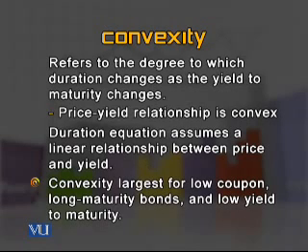That is what convexity is. Convexity refers to duration changing as the yield to maturity changes. Yield to maturity was studied first, is the return of this yield at the time of maturity, and one expects an investor to be holding on to the bond till the end of the maturity period, which is different.